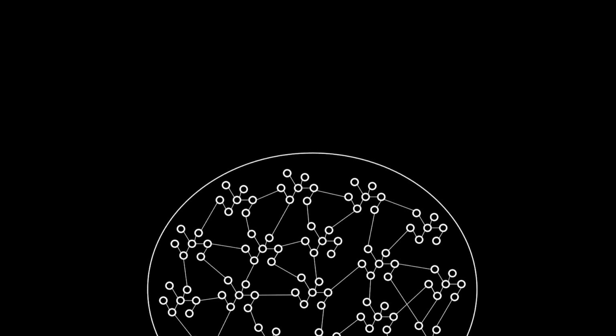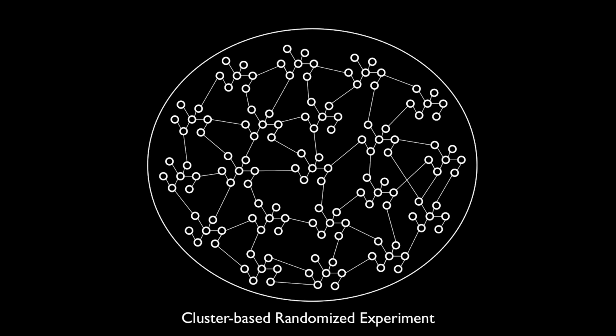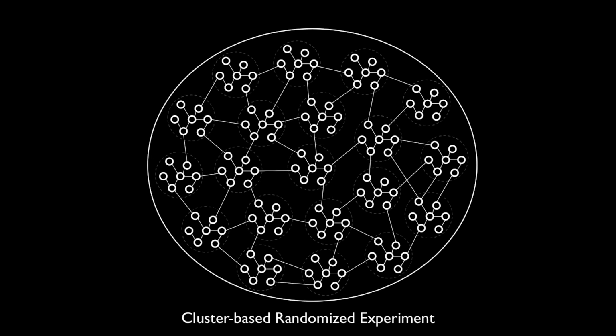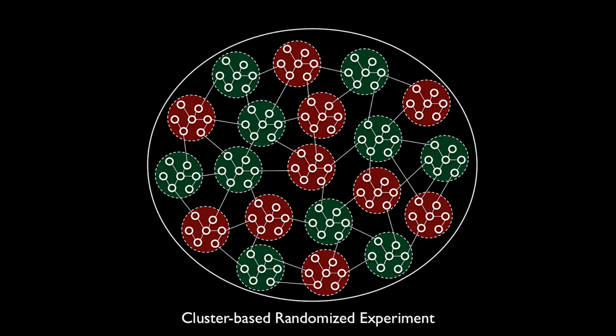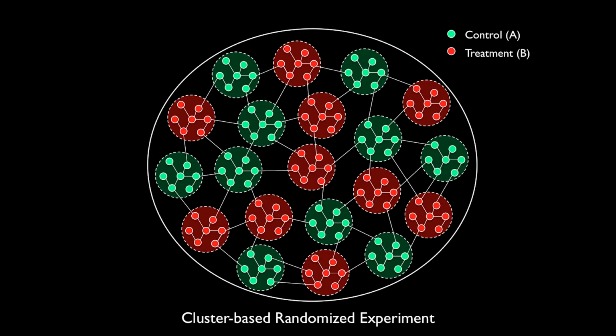One way to partially mitigate this limitation is by running cluster-based randomized experiments, where we find clusters of densely connected users and we randomly assign each cluster to treatment or control. Now, since users that are connected are more often in the same treatment condition, it is less likely that the treatment effects will spill from the treatment to the control group.